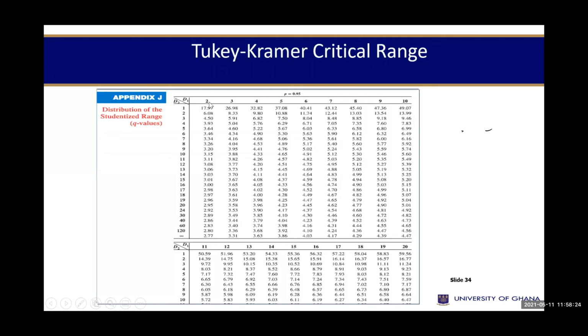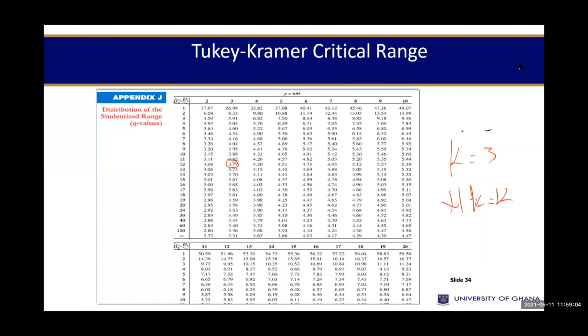Degrees of freedom between is 2. We read the Q value from the table using K and N minus K. K is 3, the number of distinct populations, and N minus K here is 12. So 3 and 12 gives 3.77, which is our Q alpha value.